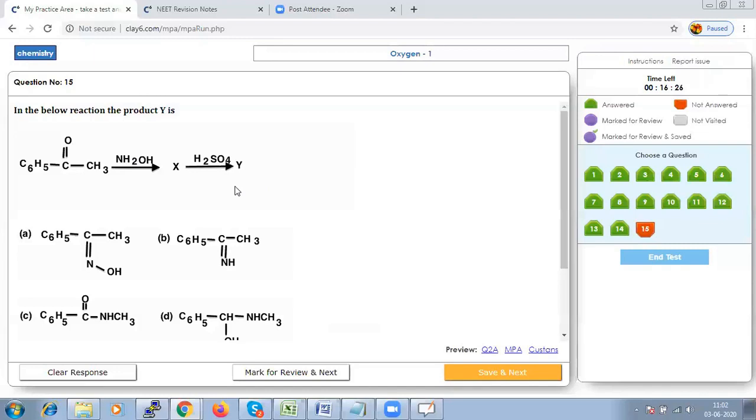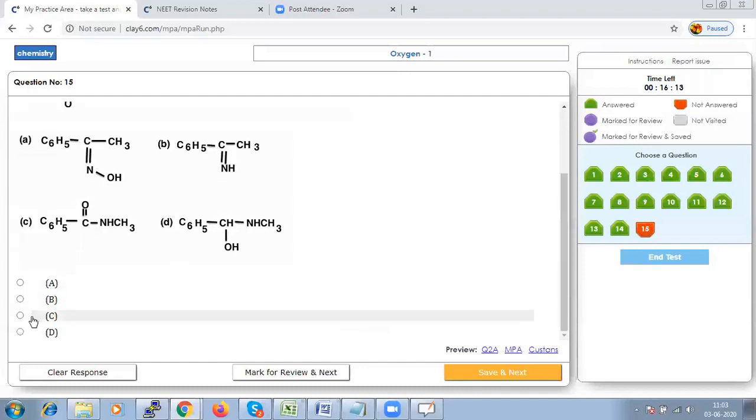Hence, if you do that rearrangement, you get this as your product, that is option C. So let us save that and go to the next.